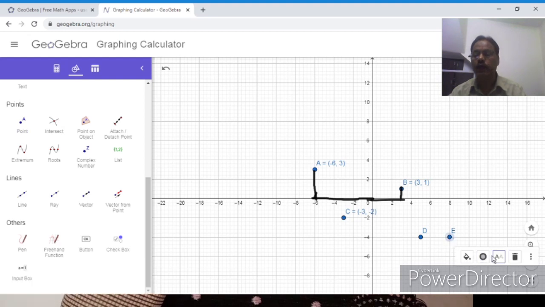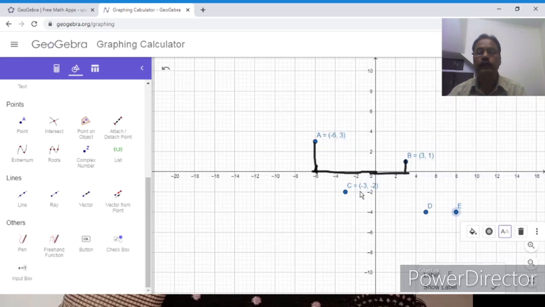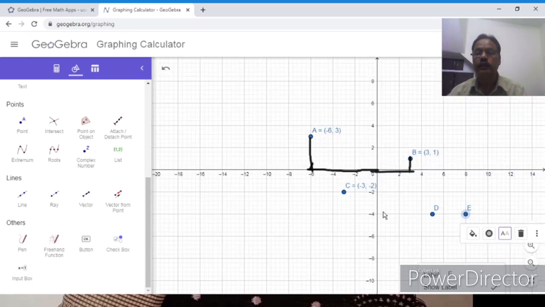It will be 8 and -4. Yes. So in this way we shall find out the coordinates of these points. The coordinate of point E will be 8 and -4.